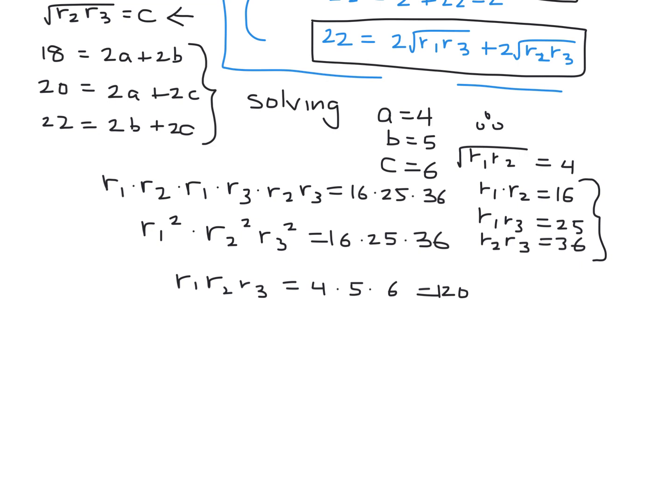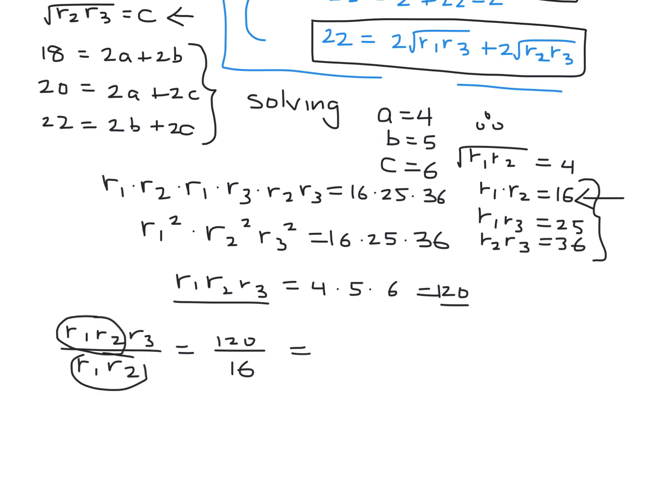Now to get the individual values of r1, r2, r3, you just have to divide. So you have to take this guy, r1r2r3, and divide by, say, r1r2. So this top number we know is 120. r1r2 is 16 from over here. So this would give me r3, because r1 and r2 cancel.